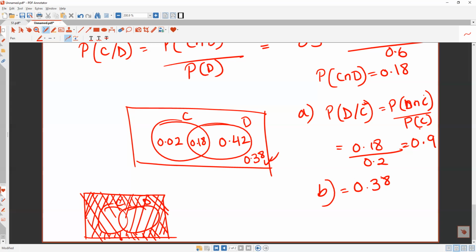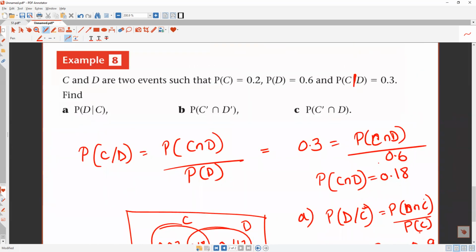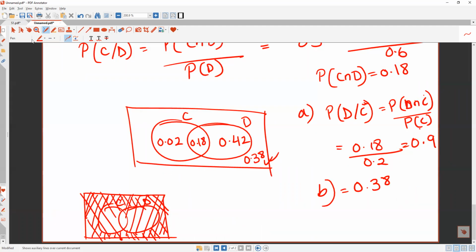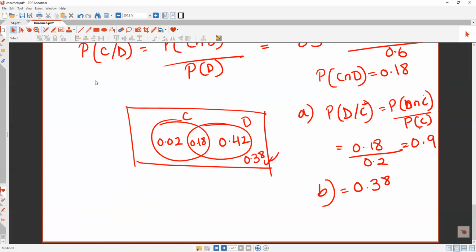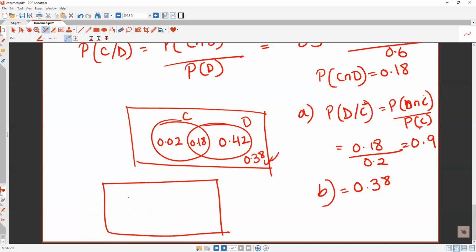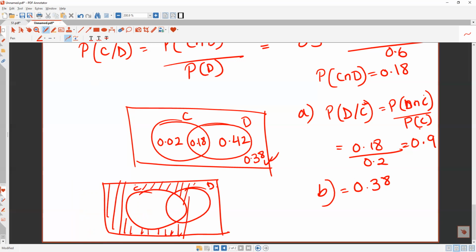Okay, now then they said C complement intersection D. I'm going to draw another diagram now. So there is a reason I taught you guys the shadings for these kind of parts only. C complement intersection D. This is C and this is D. C complement means C সাথে everything outside C complement.